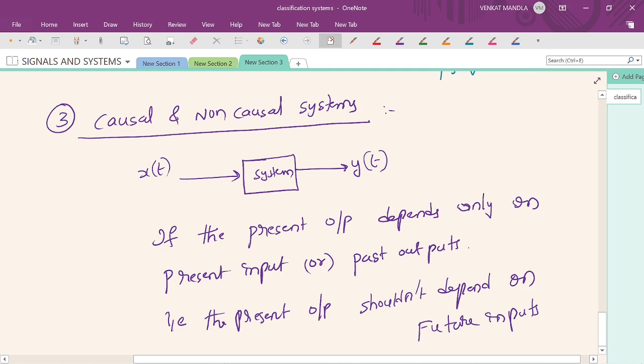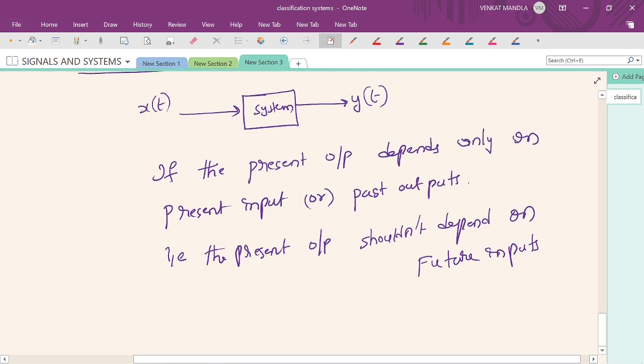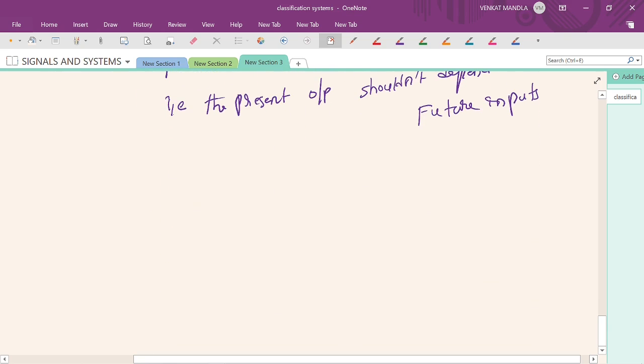In the problems, I will check whether the system is depending on future inputs. If it depends on future input, then it is a non-causal system. If it does not depend on future inputs, then it is a causal system. I will check these things in solving problems. Okay. Next, fourth one.